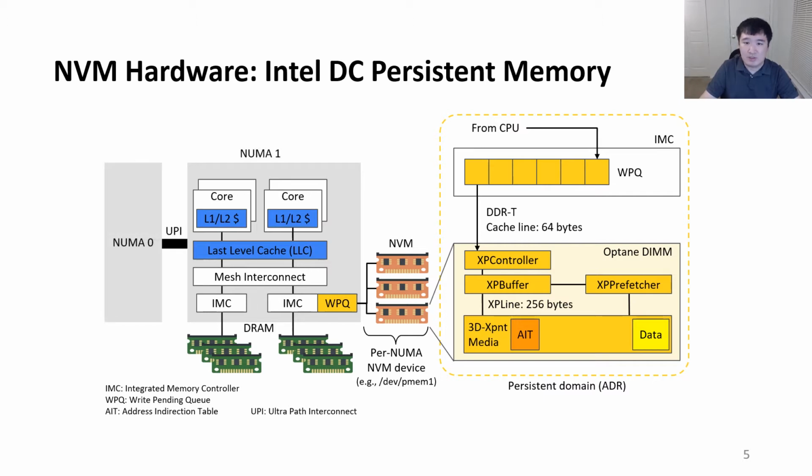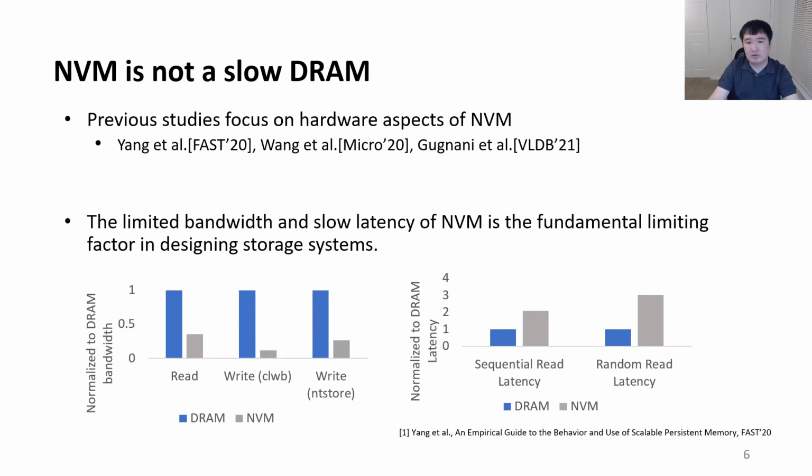Also, if a core requests data from the remote NVM, the directory cache coherence information in 3D XPoint media is updated.